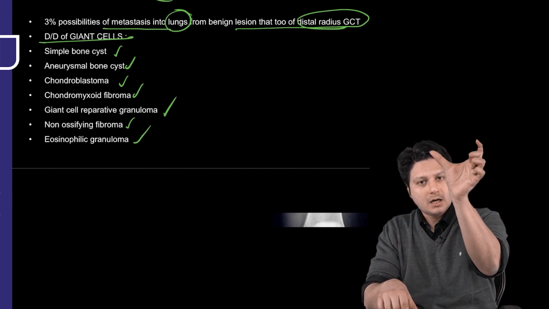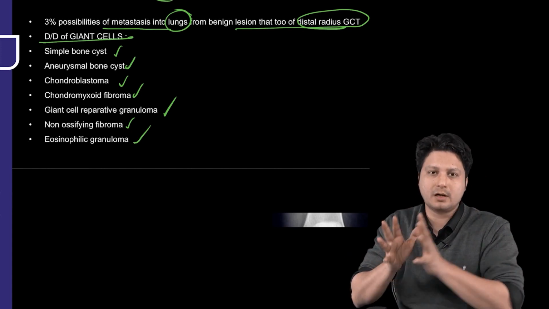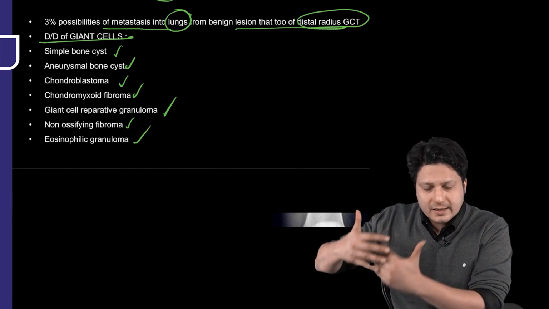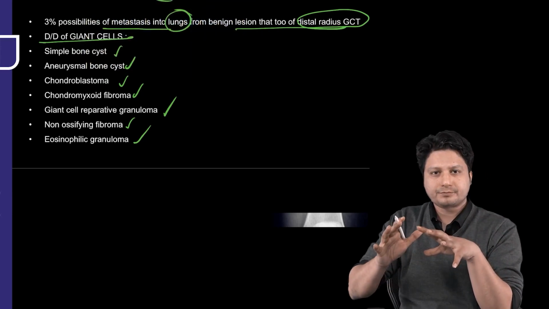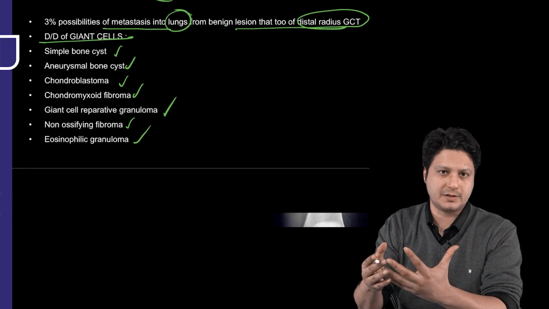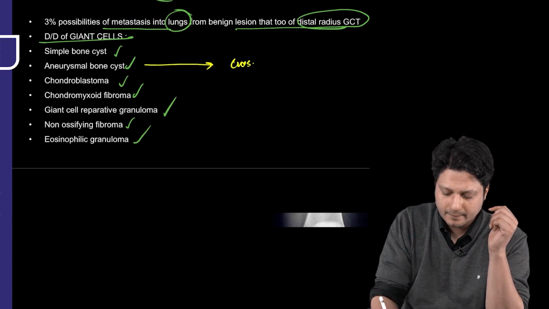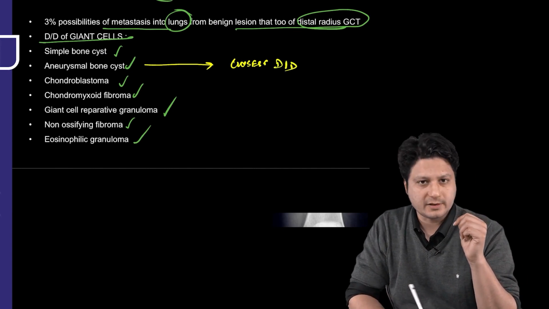So these are the differential diagnoses based on the histopathological appearance in particular for GCT. They used to ask which of the following is the closest differential diagnosis. The DD of the GCT which will almost appear like a GCT is the aneurysmal bone cyst. So aneurysmal bone cyst is the closest differential diagnosis for giant cell tumor.